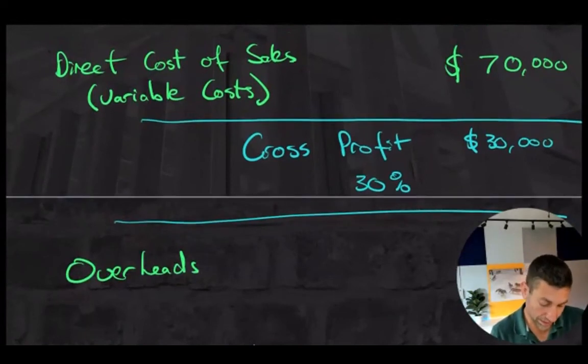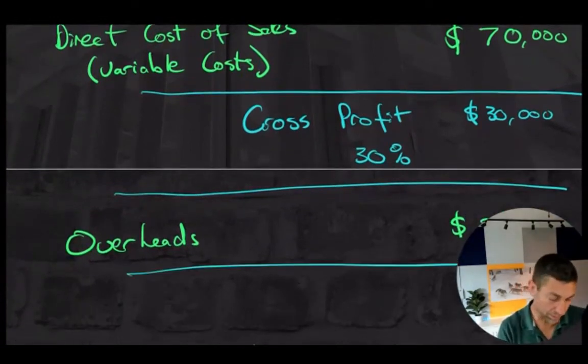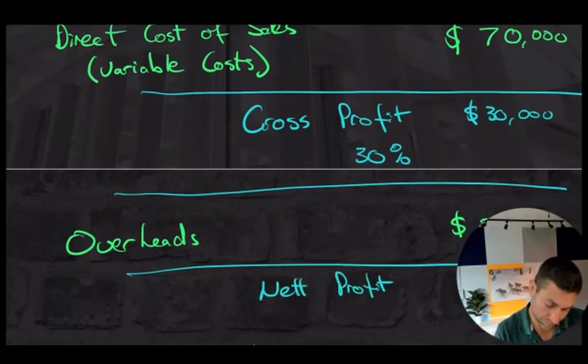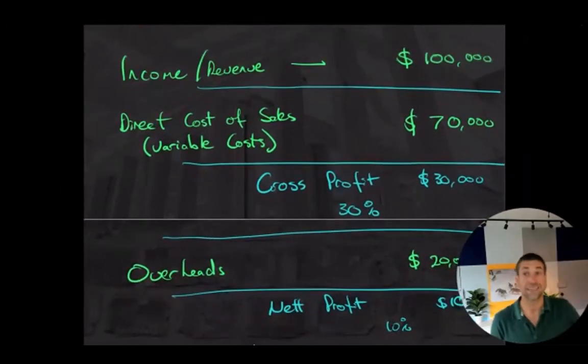And let's assume for a second that that's $20,000. Then we would get our net profit. $10,000 or 10%. That is a P&L in a nutshell. Those are the segments of your profit and loss statement. Your income, revenue, your direct cost of sales, variable costs, which gives you gross profit, then your overheads, and then your net profit.